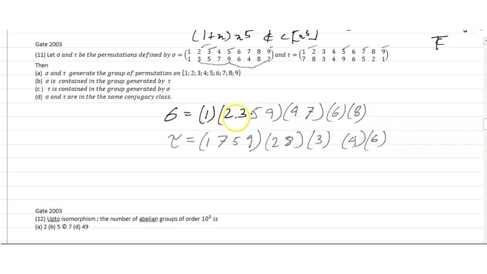So friends, whatever you see, the cycle structures match. So we see that sigma and tau are in the same conjugacy class.